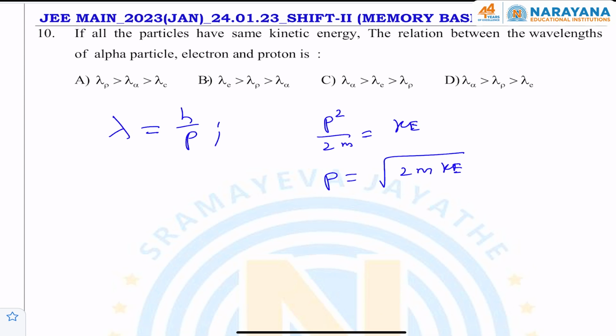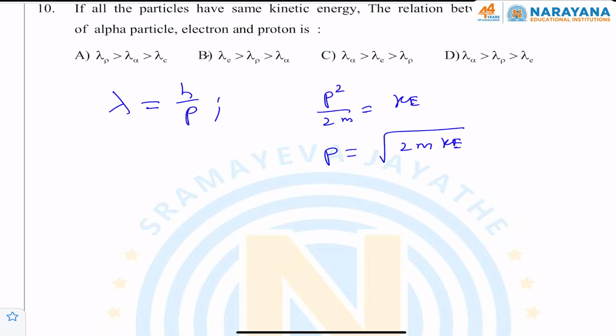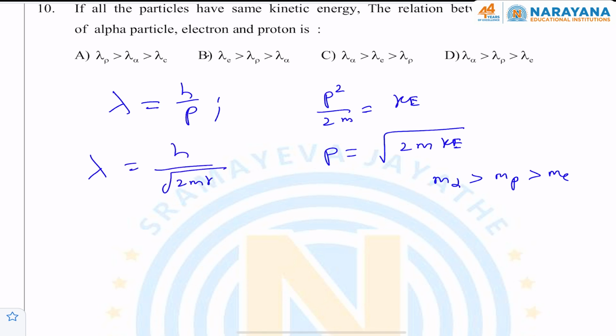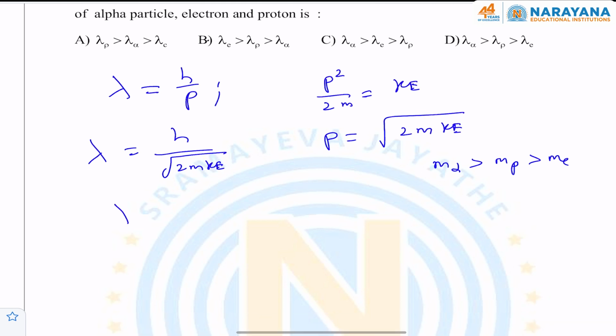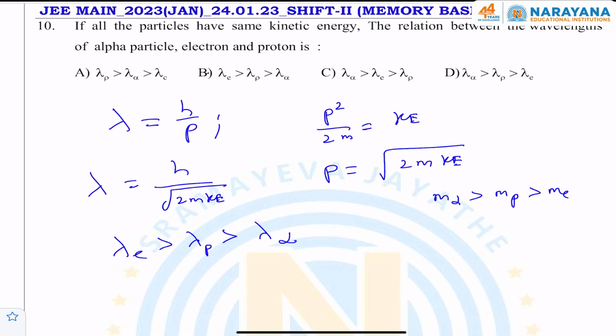Here it is given alpha particle, electron and proton. We know that mass of alpha particle is greater than mass of proton, which is greater than mass of electron. Lambda is inversely proportional to square root of mass. It is clear lambda of electron is greater than that of proton, which is greater than that of alpha particle. It is given with option B.